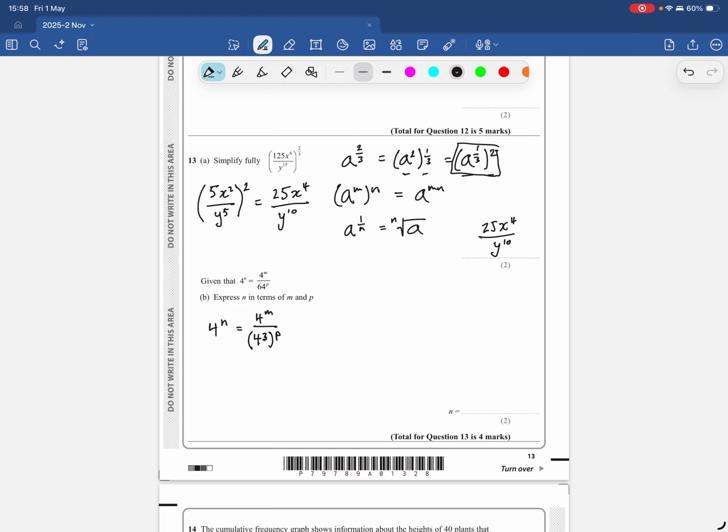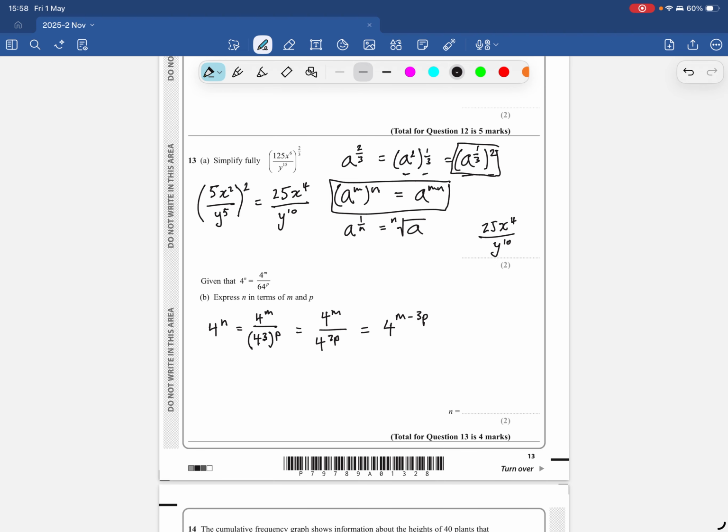Now, that's equal to 4 to the m over, and looking at this rule, I can write that as 4 to the 3p. And I also know that since we're dividing here, I can write this as 4 to the m minus 3p.